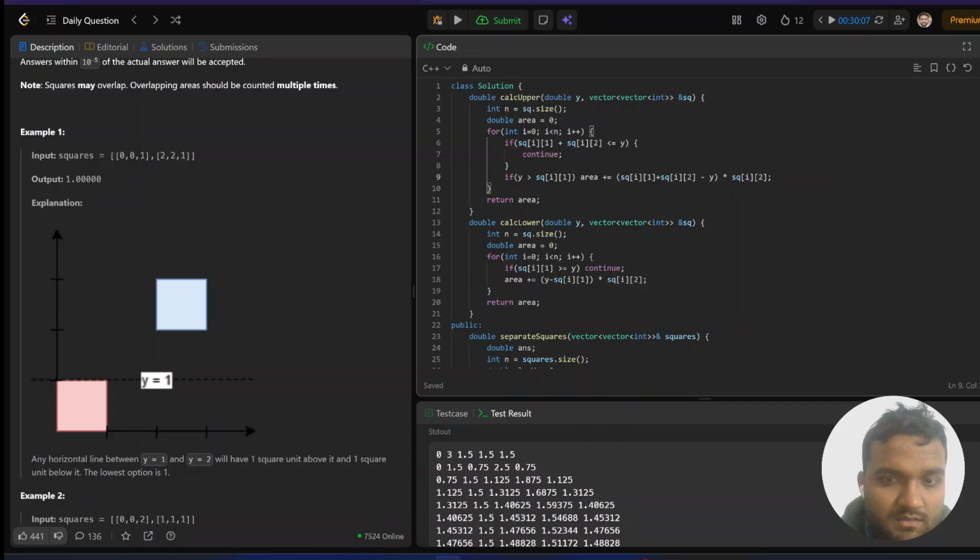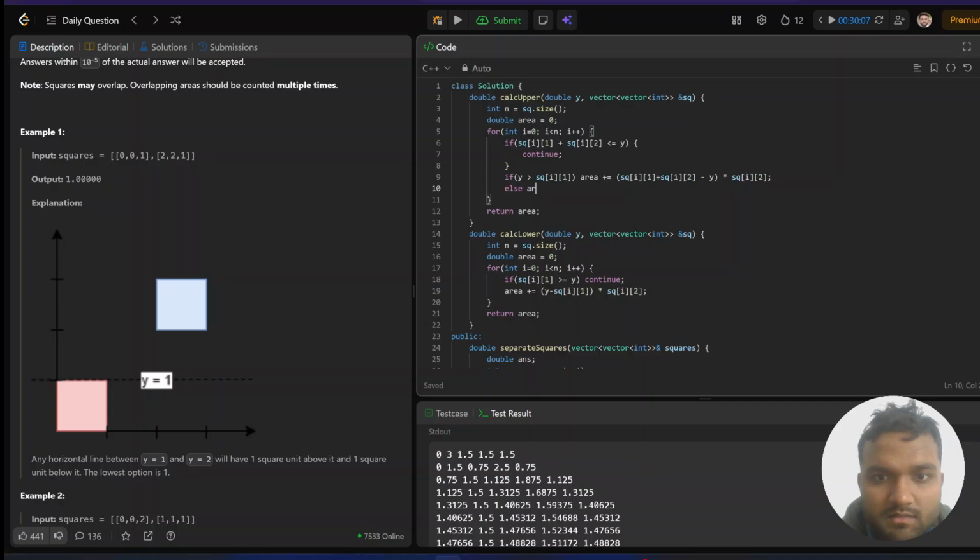That means it is intersecting. Then we subtract the y. And in else, area is just double the length.